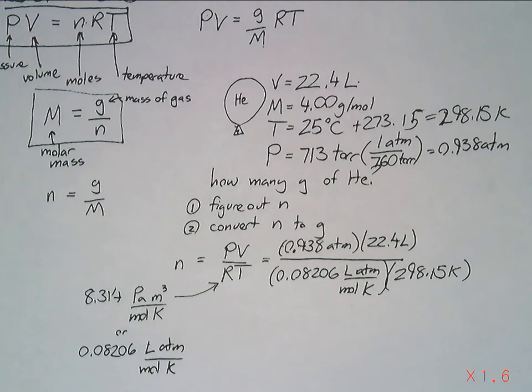It's going to be equal to 0.938 times 22.4 divided by 0.08206 divided by 298.15. So I get 0.859.